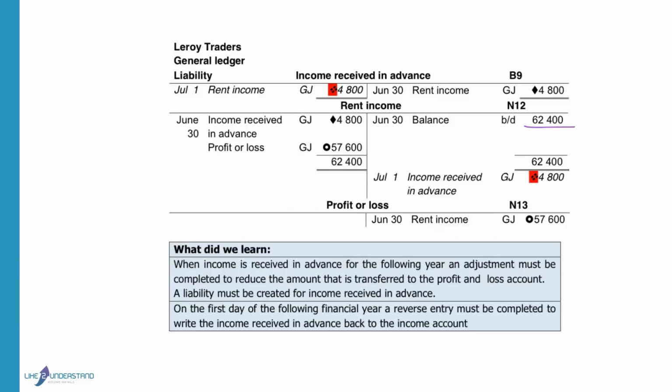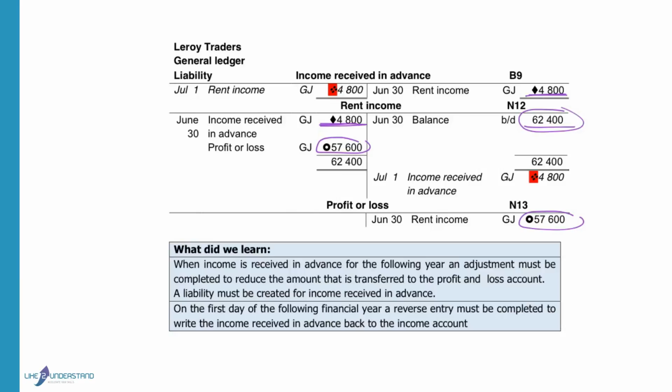We calculated that 4,800 is not for the current year, so I must reduce this amount with 4,800 so that I can calculate what is the actual amount that must go to the profit and loss account. Because I reduced the rent income on the debit side, I will credit income received in advance and create a liability that will be shown in the balance sheet.